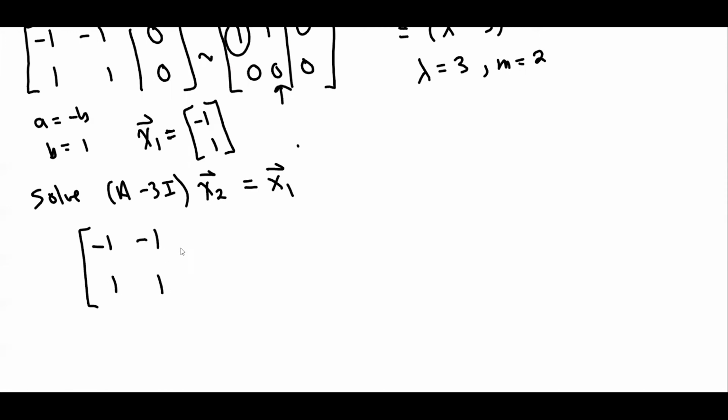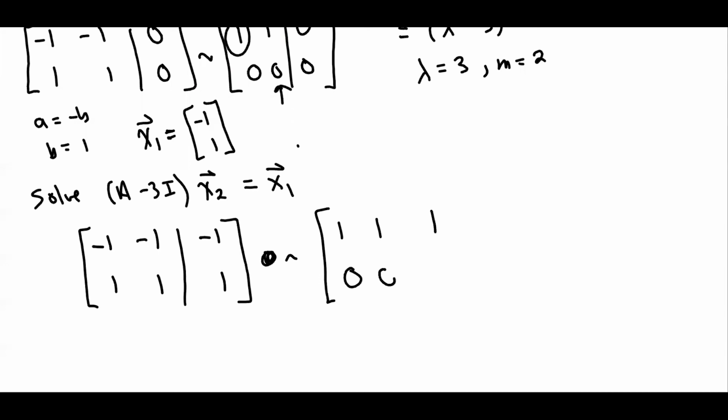That's A minus 3I, and now I'm going to augment with negative 1, 1. You see this is going to reduce to 1, 1, 1, 0, 0, 0. Again, let's call these A and B. So A is equal to 1 minus B, and B is free.